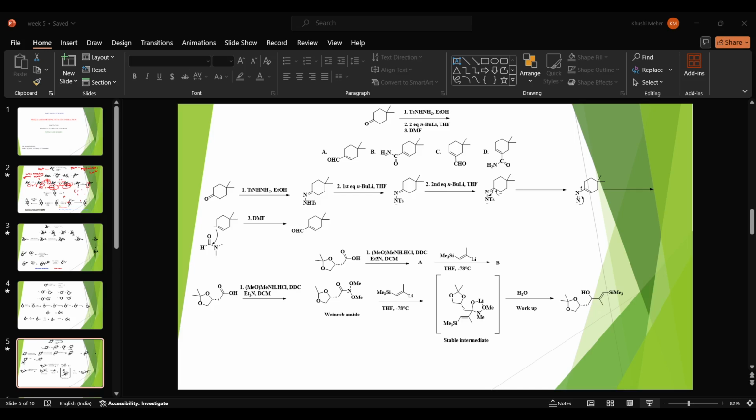Okay. And in the next case we have a chiral carboxylic acid, you see, this one is nothing but a chiral carboxylic acid, and we are using N-methyl-N-methoxyhydroxylamine hydrochloride in the presence of DCC and triethylamine, a fairly good base, in DCM.